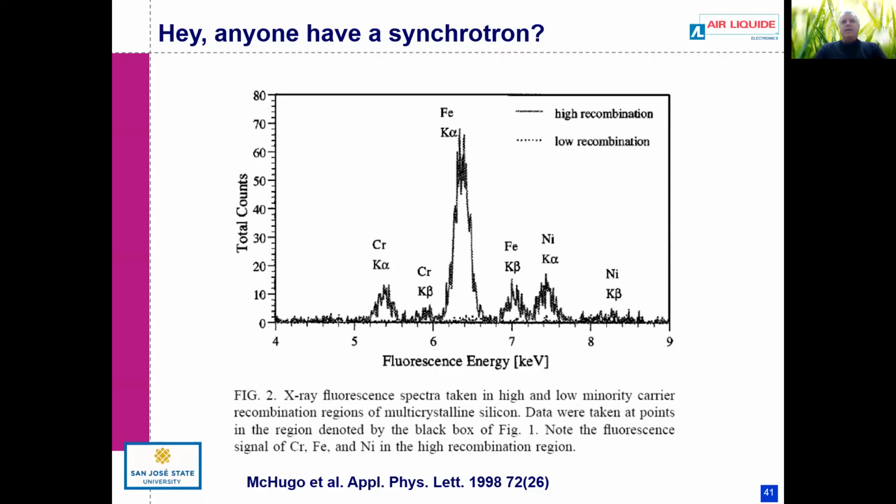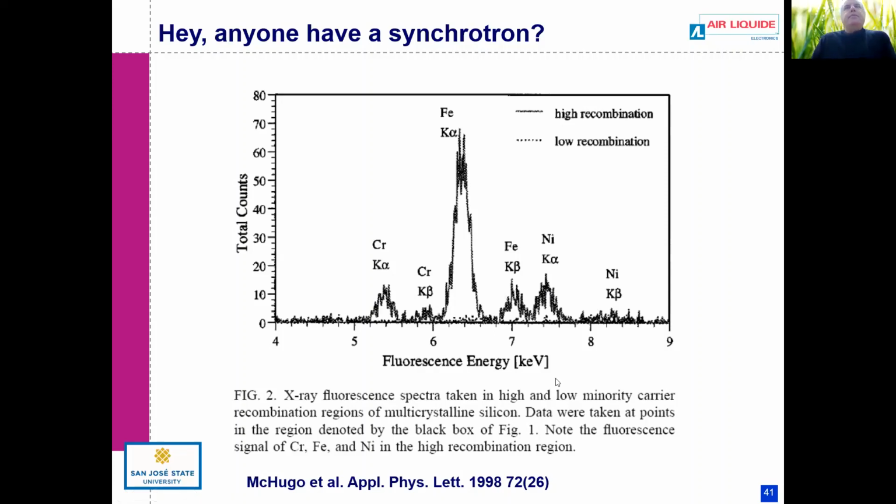I'm not exactly sure which technique is being used here, but this was probably done at a synchrotron, right? And they took silicon that had a high recombination rate and silicon that had a low recombination rate, and they looked at the amount of chromium, iron, and nickel impurities by the presence of fluorescent X-rays at these energies.